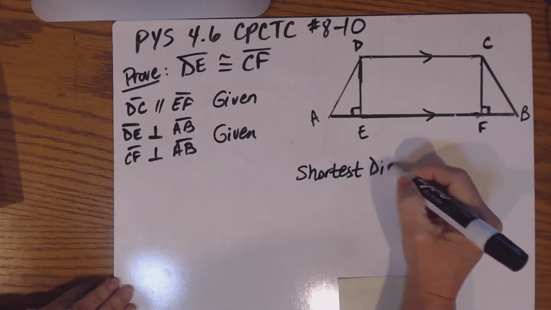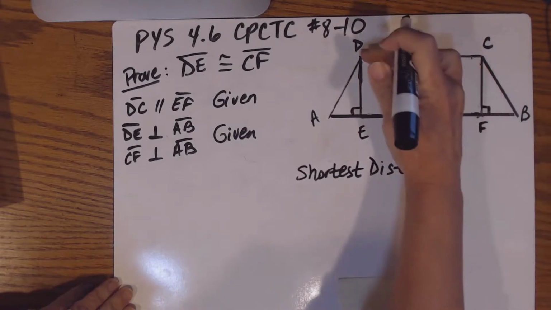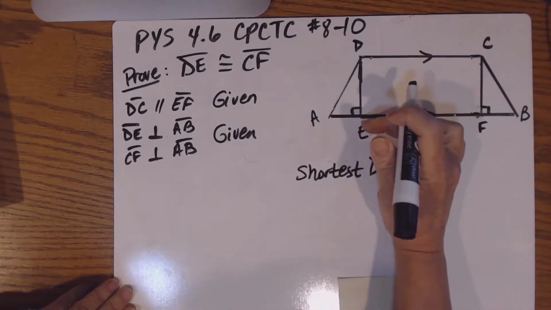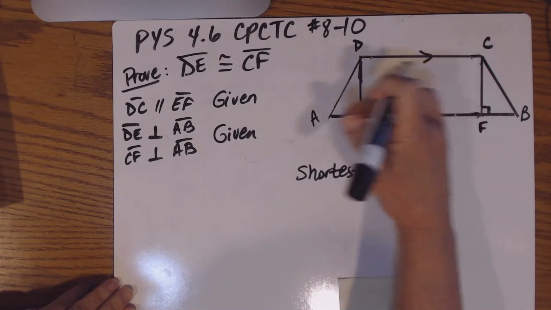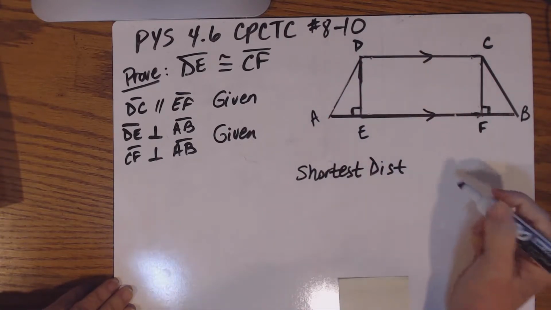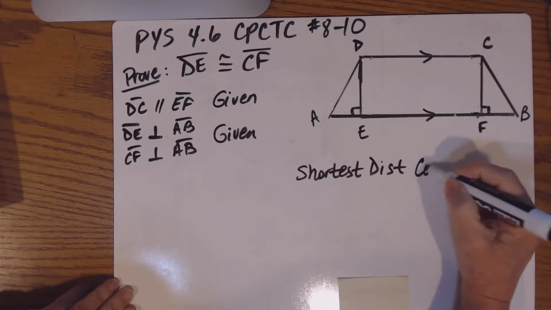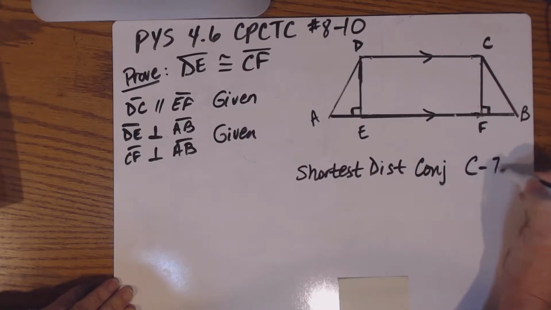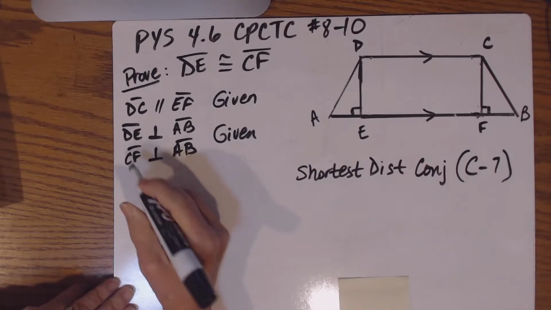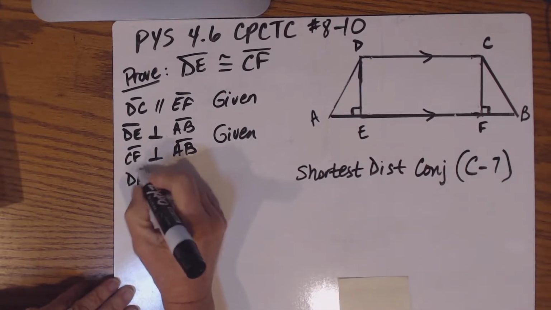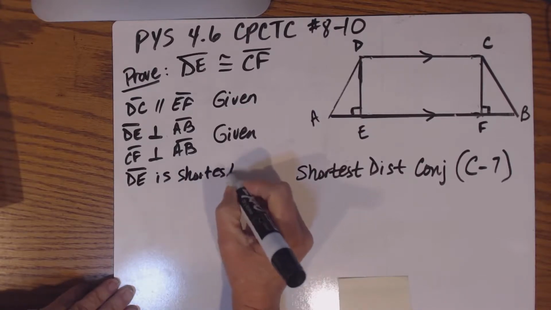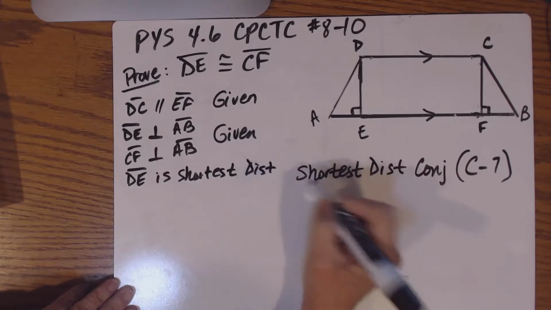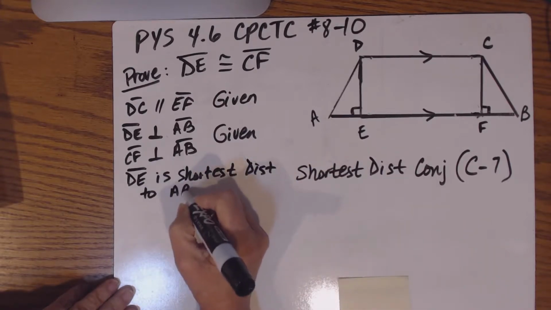And what it says is the shortest distance between a point and a line is on the perpendicular, okay? If you remember, we talked about that. If I want to go from D to AB, any other point would be longer than the DE. So we're going to use this shortest distance conjecture, C-7, to make the statement that DE is the shortest distance to AB.